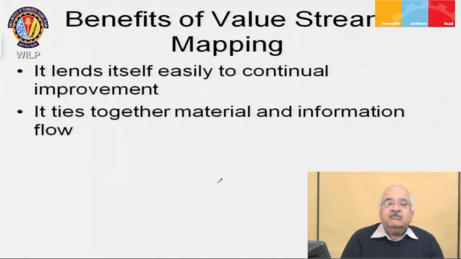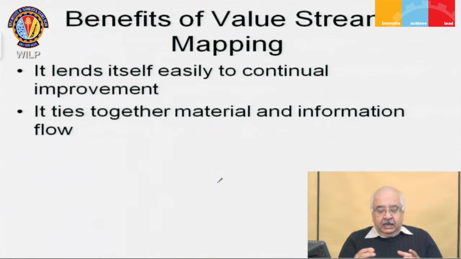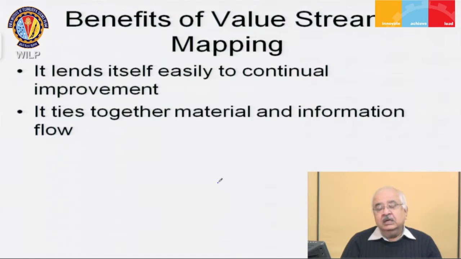The other thing that value stream mapping does, which a lot of other mapping techniques do not necessarily do very effectively, is it allows us to map both the material flow and the information flow in one place. And when you see the effect of information flow or any discontinuities in the information flow and the impact that it has on the material flow and the discontinuities in the material flow, that itself gives us a lot of information which helps us take the right decision.